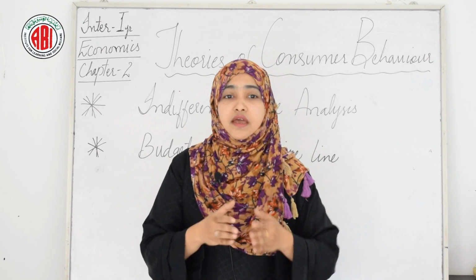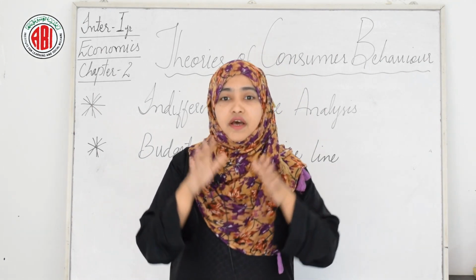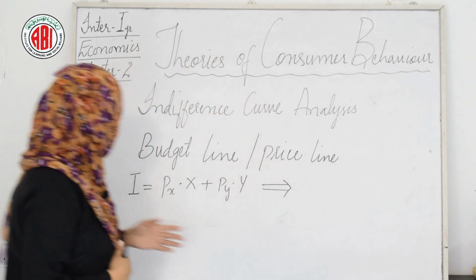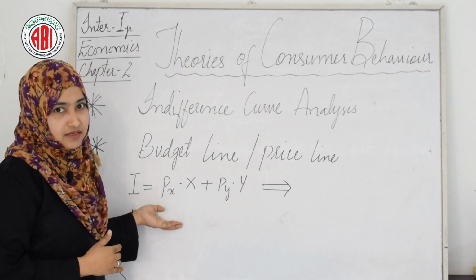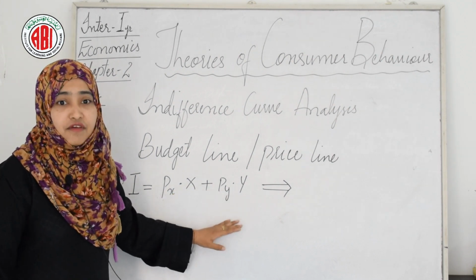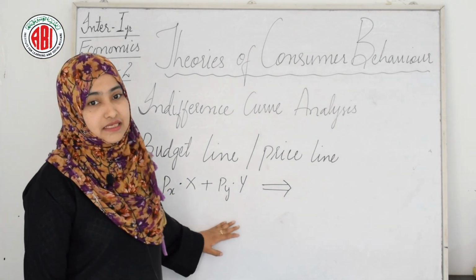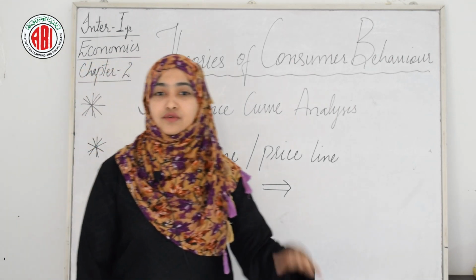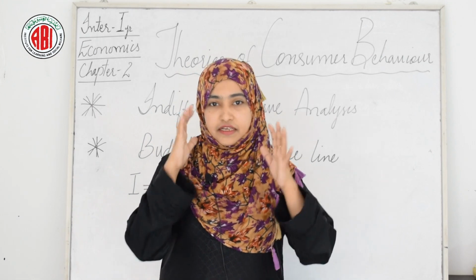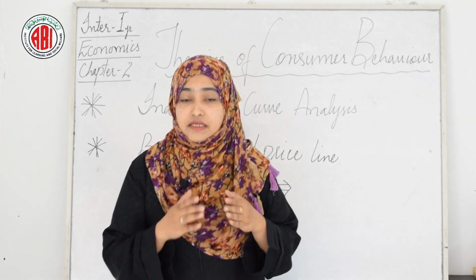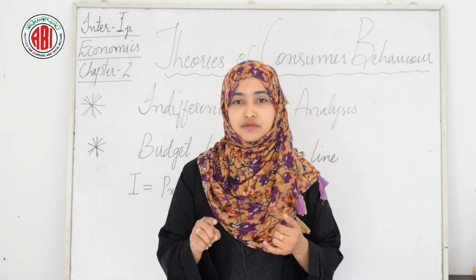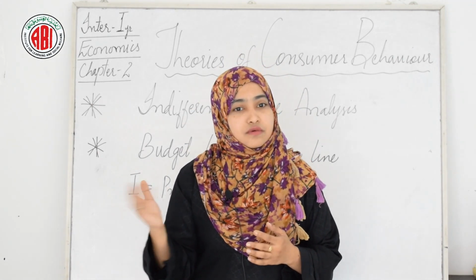Get it? So here the budget equation of the consumer can be written as I = Px·X + Py·Y, where Px is the price of good X and Py is the price of good Y. If the consumer spends his entire income on X, his purchase of Y is equal to 0.